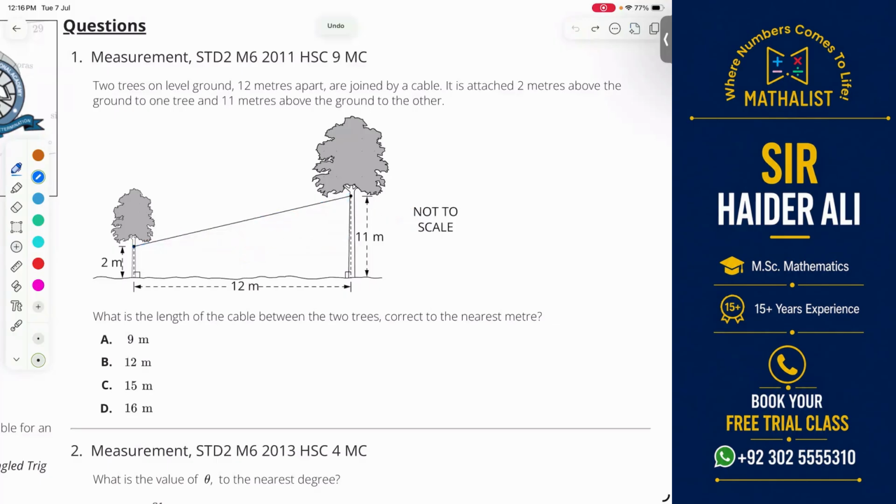Actually, at the start we have this platform, and we are solving triangles, and there is no triangle available. So my only target is to create a triangle here. In the past I solved many questions like these, when you have two buildings of different heights and some cable between the buildings, or you have to find the difference between the heights of buildings.